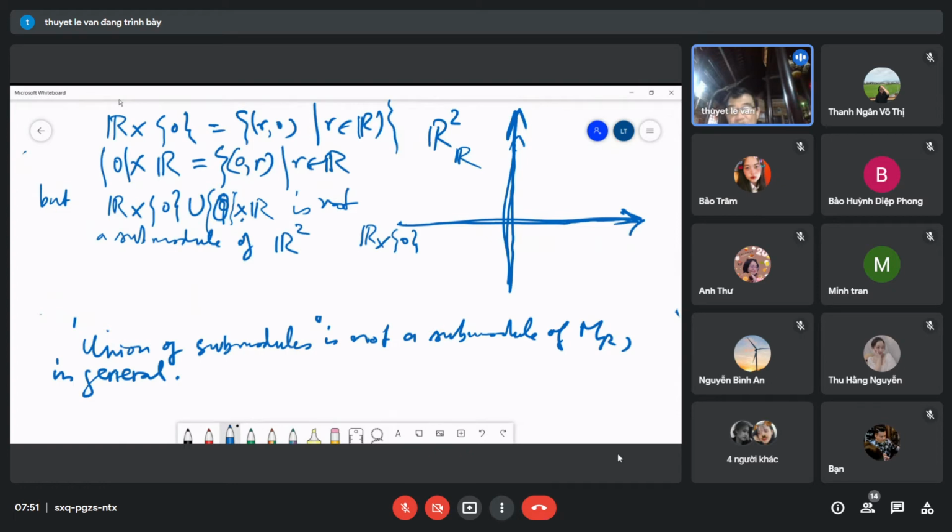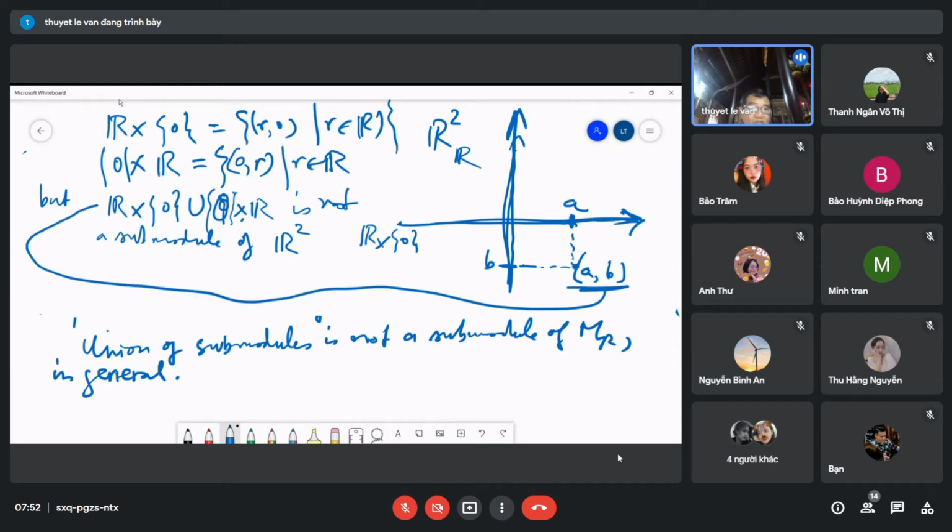Because if you take one element here and one element here, say A and B, and then take the sum, the element A plus B does not belong to the union. So the union of submodules is not a submodule of M_R in general.